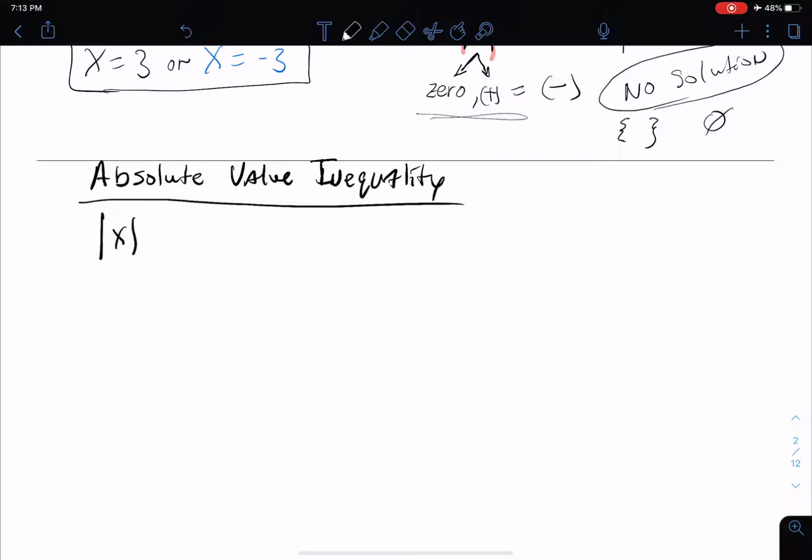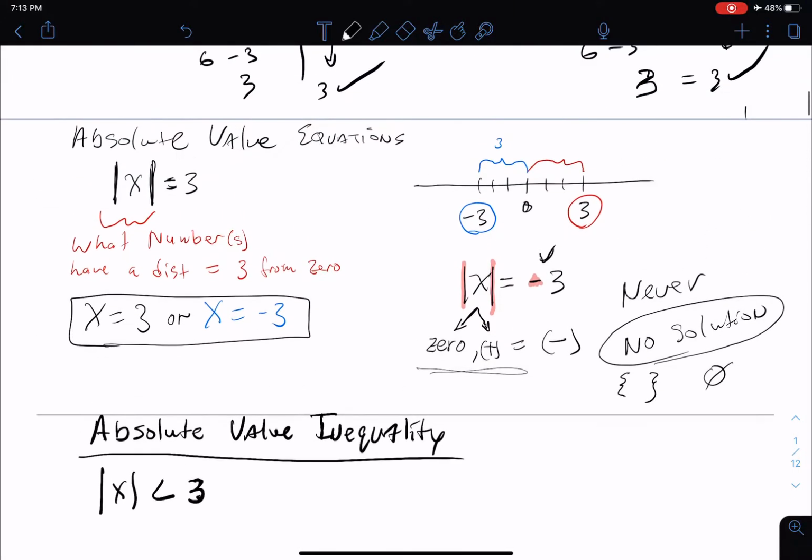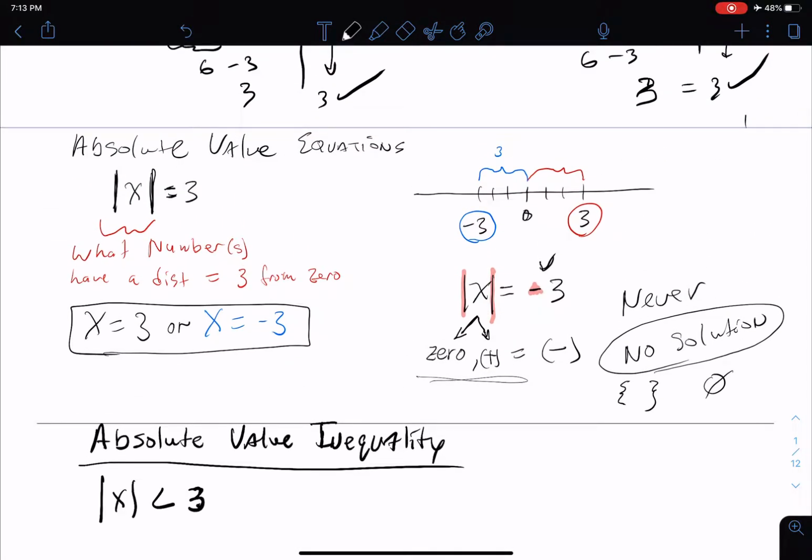Absolute value of x, let's say, is less than 3. So what's the difference from the last one? Well, the last one said, I'm looking for the number that is exactly 3 units away from 0. If I have 0 here, if I stretch my tape measure to the right, I go there, I got 3. If I stretch my tape measure to the left, 3 units, I got negative 3. So I got 2 answers, 3 and negative 3.